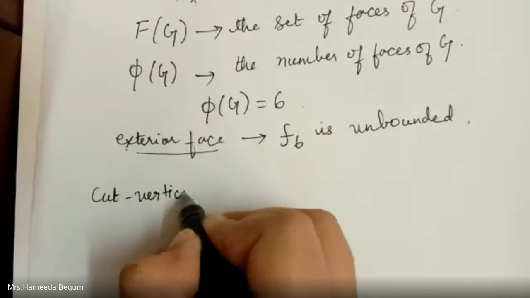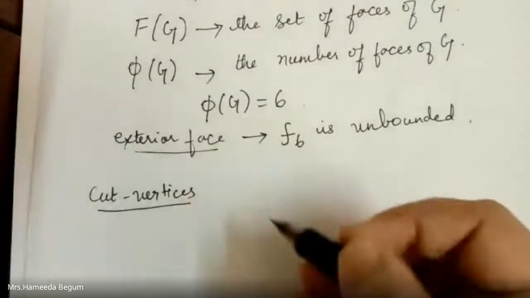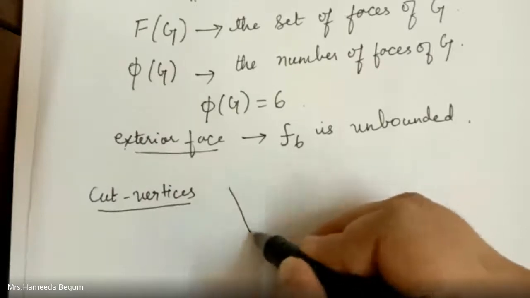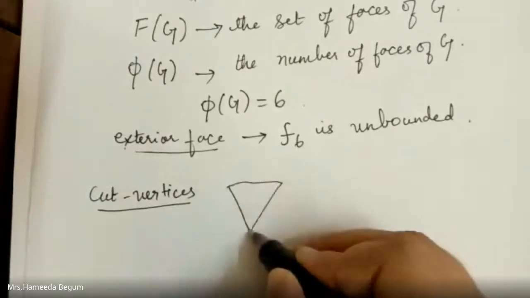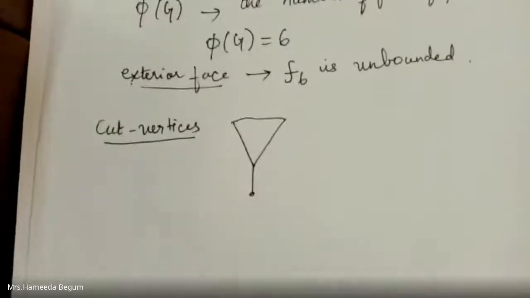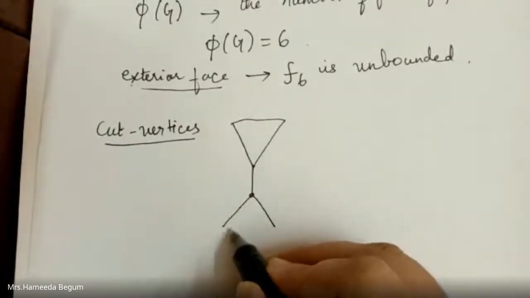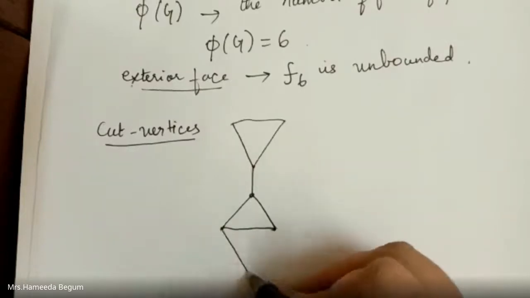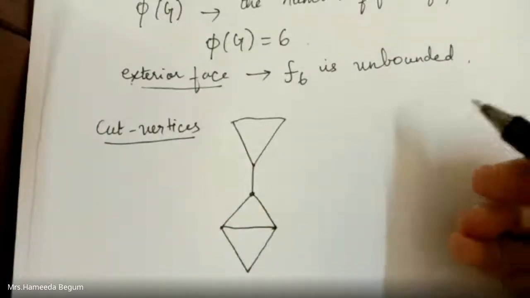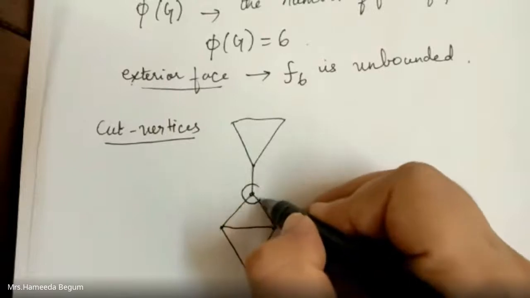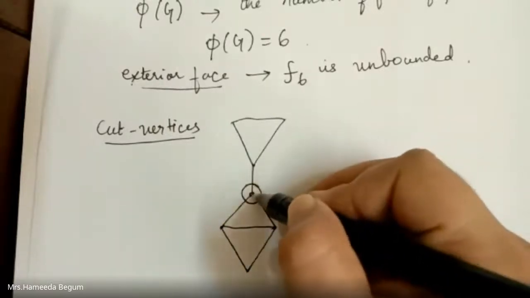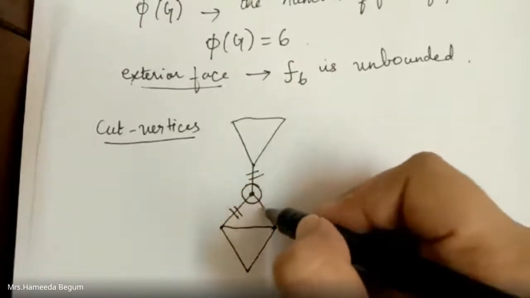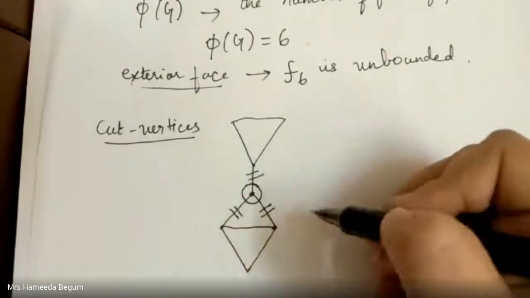Cut vertices are those vertices which make the graph disconnected. For example, if this is a graph G, and if we remove this vertex, the edges that are incident with this vertex will also be removed.